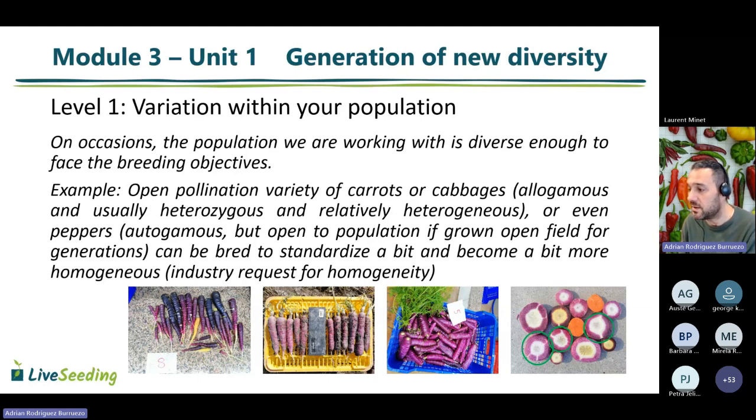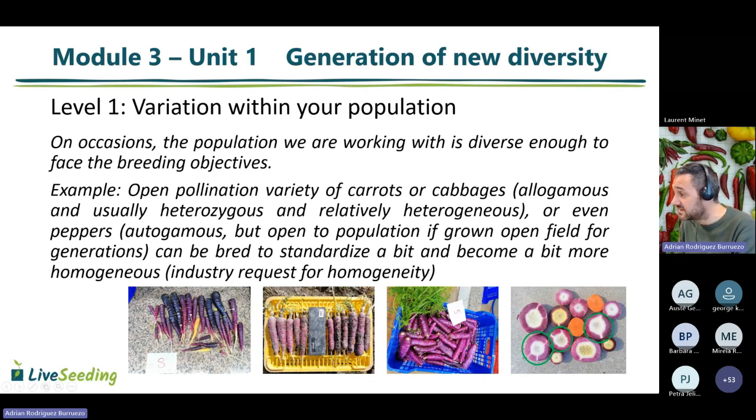And after 2 generations, you can see here in the third picture our final selection. The carrots are more or less intermediate size. They have the same color and more or less the same cylindrical shape.